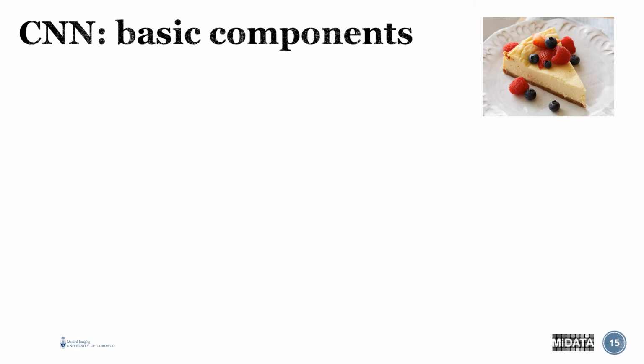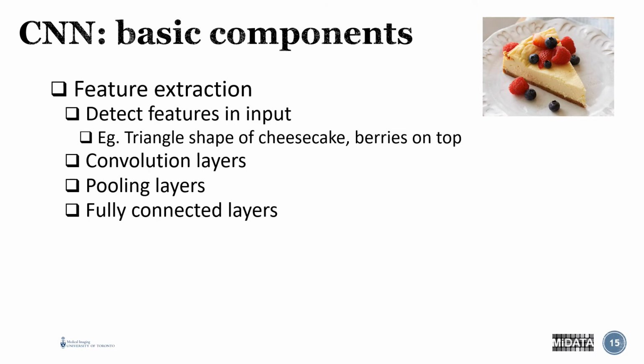So what are the basic components of the CNN? Well, the first thing you have to start with is your input and the feature extraction from your image. And with this, we can detect features in the input. For example, our input is a triangle shape of cheesecake with berries on top. Your next layers are going to be convolution layers, followed by pooling layers, and then fully connected layers.